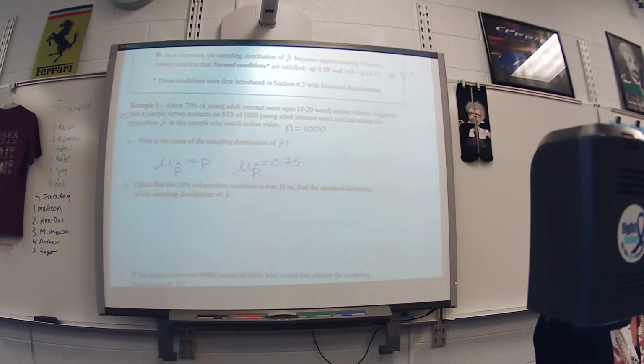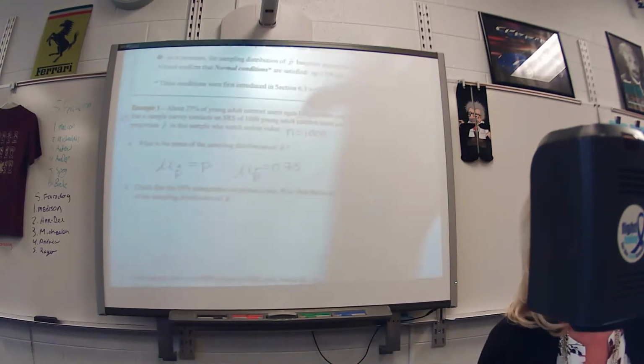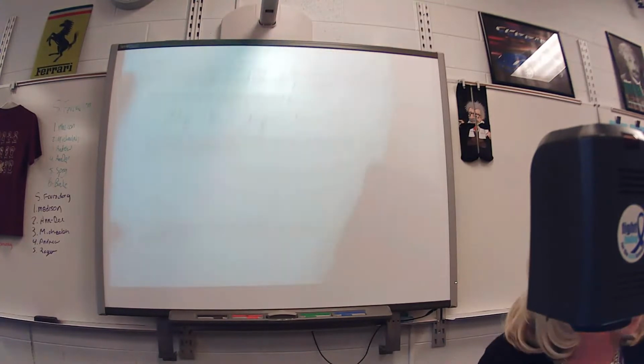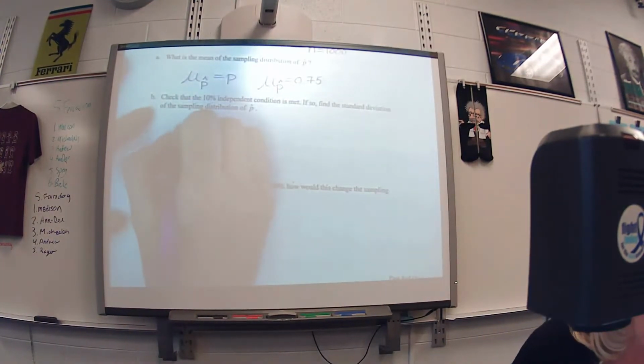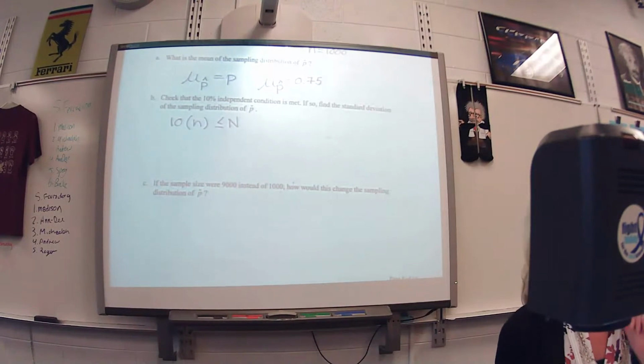Every time you bought a box of cereal, it technically changed the calculation, but it changed it so minimally that we said, don't care, right? That's what this condition is saying. We have to make sure that we have sampled less than 10% of the population. So what you want to do is confirm, is your 10 times your n less than or equal to capital N?